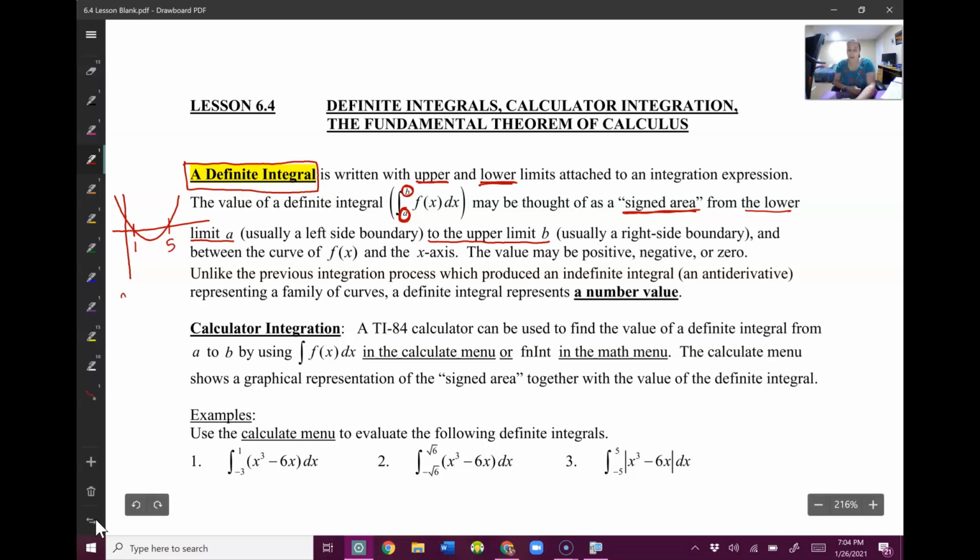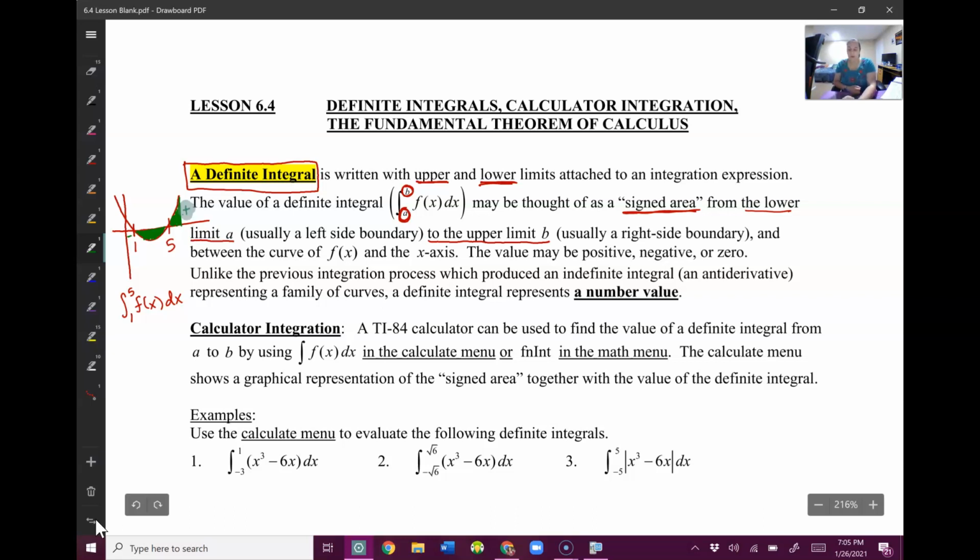If I want to know the integral from 1 to 5 of this function, then I'm going to think of it as the area between the curve f of x and the x-axis that I've now shaded in. Now we say signed area because if this area is below the x-axis, I think of it as negative. If this area is above the x-axis, I think of it as positive.